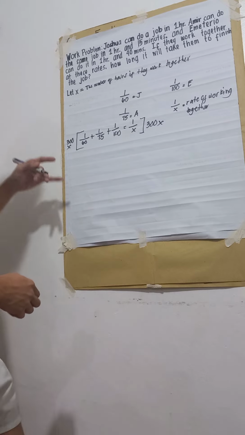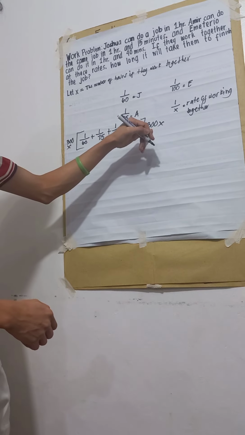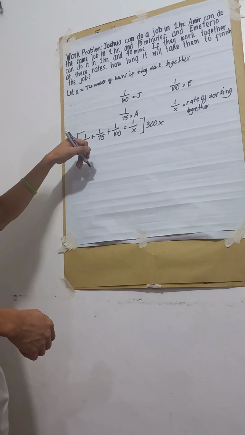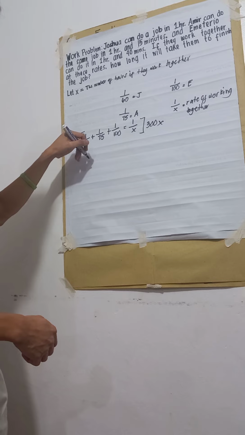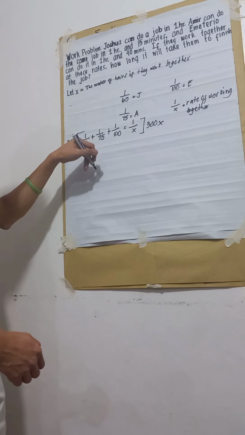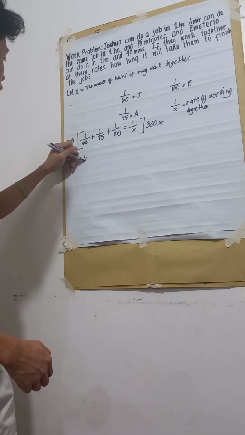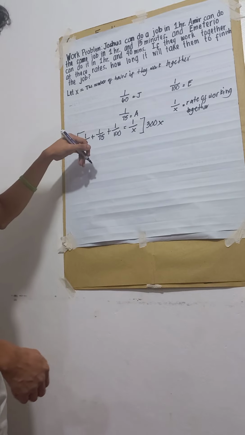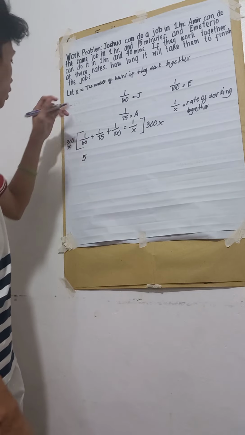So that would be 300x divided by 60 multiplied by 1. So that is 300x divided by 60 is 5x, multiplied by 1, so that is 5x.